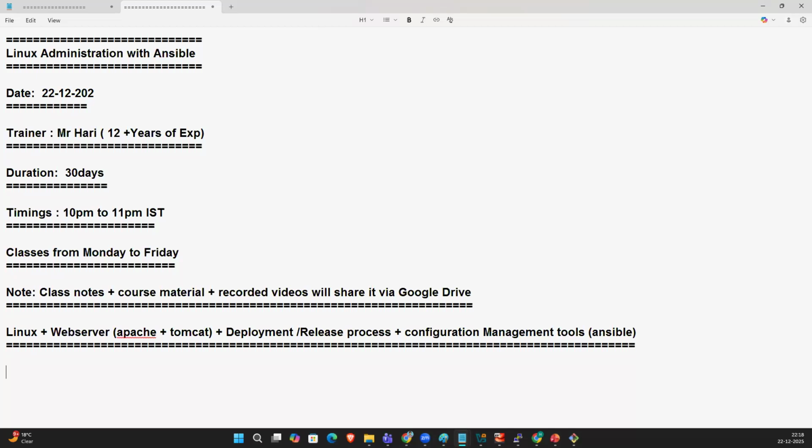Hari, will this course help for Postgres SQL DB and Kubernetes administrator? Postgres is deployed on Linux, right? We will not cover Postgres in this course, because that is the responsibility of a DBA administrator. We cover Linux. If you know the Linux basic commands, it will be very helpful to understand Postgres as well as Kubernetes.